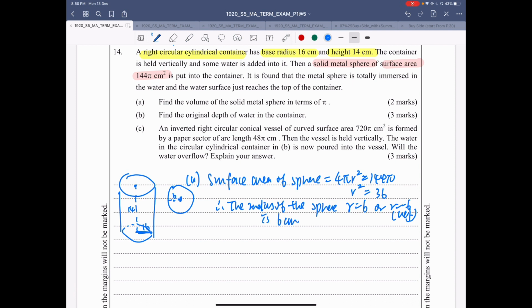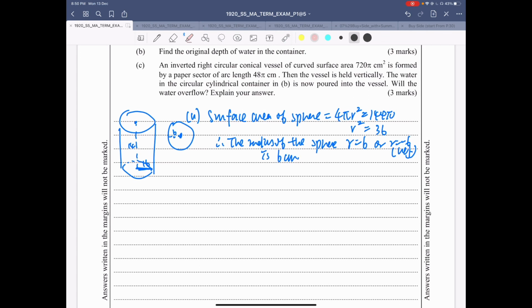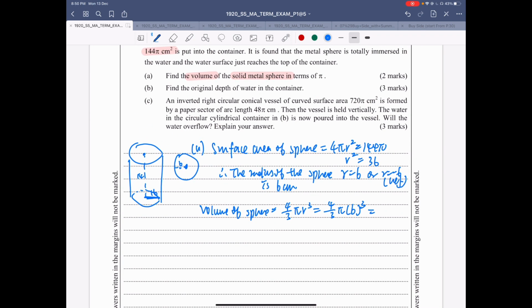Okay, so part A, find the volume of the solid metal sphere. After you know the radius, you can find the volume. The volume of a sphere is 4 over 3 pi r cube, which is 4 over 3 pi times 6 cube, which equals 288 pi cm cube, because this time it is volume.